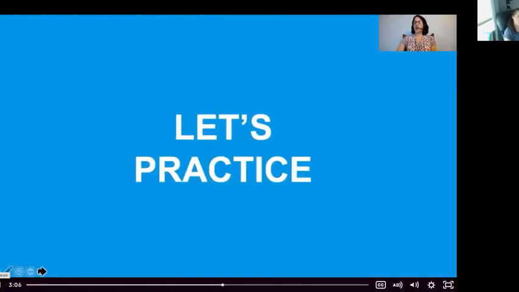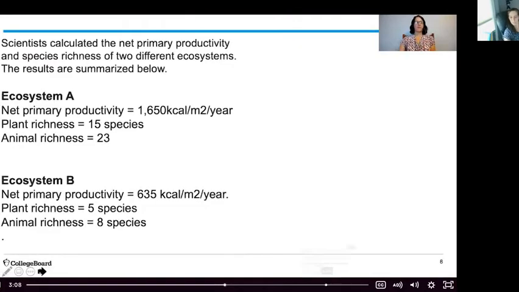Let's get a little practice on this. Scientists calculated the net productivity and species richness of two different ecosystems. The results are summarized below. You can see that ecosystem A. So we're going to compare these two. Tell me, what would you say about how these two compare when it comes to disturbance levels that they might be experiencing and their diversity?